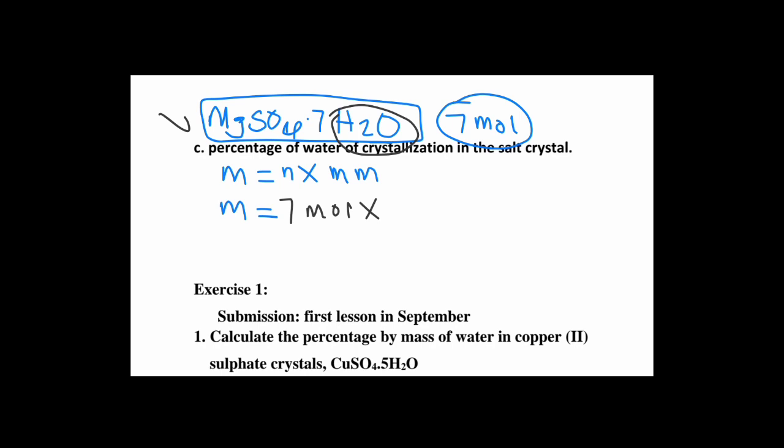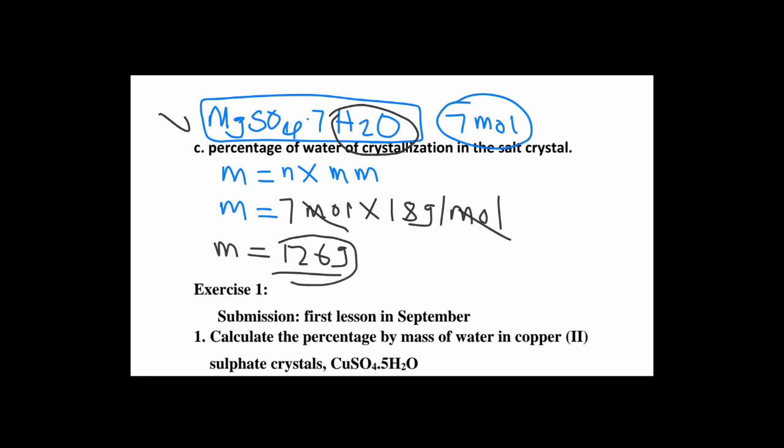Just 1 mole of water is 18 grams per mole. So the mass will be equal to the value. When you calculate there, you find 126 grams. So you are supposed to convert this 126 grams to percentage so that you can answer the question C.